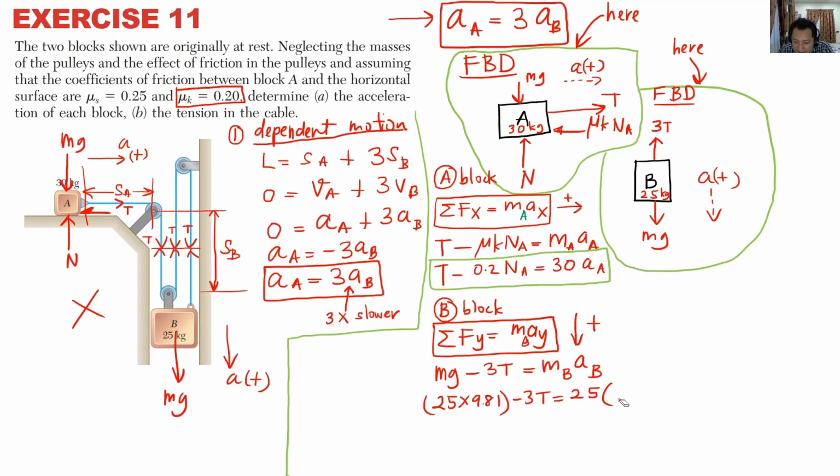So never mind. So AB we maintain. AB is maintained. Y you will replace later. 25 times 9.81, 245.3. 245.3 minus 3T equals to 25 AB.